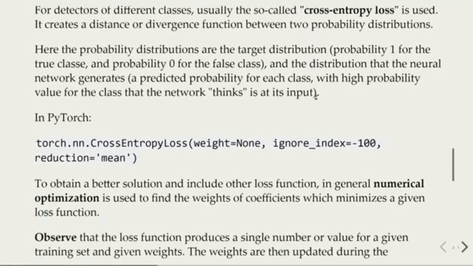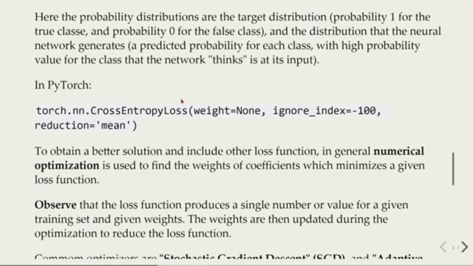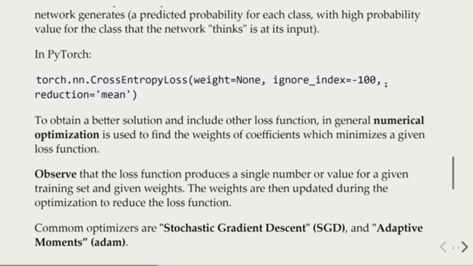In PyTorch, we also have this cross entropy loss, and you can find all the details in the PyTorch documentation. To obtain a better solution and include other loss functions, in general, numerical optimization is used to find the weights or coefficients which minimize a given loss function.